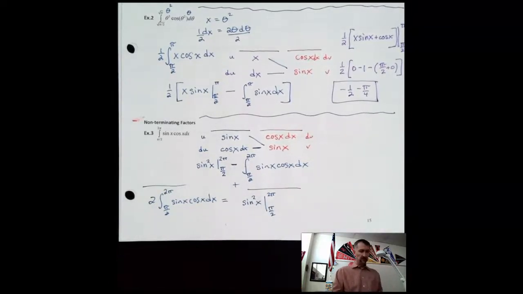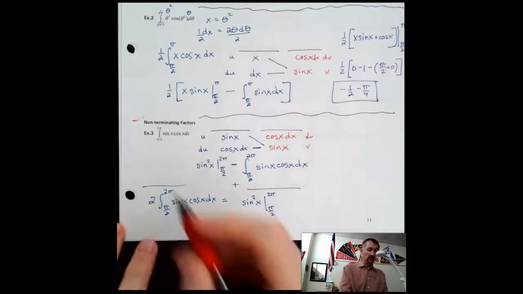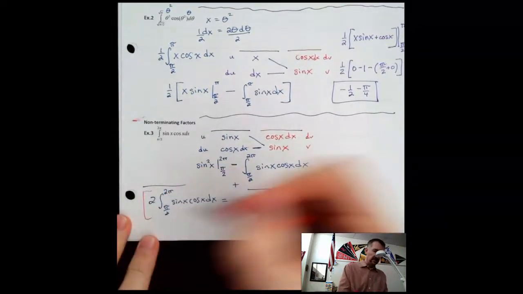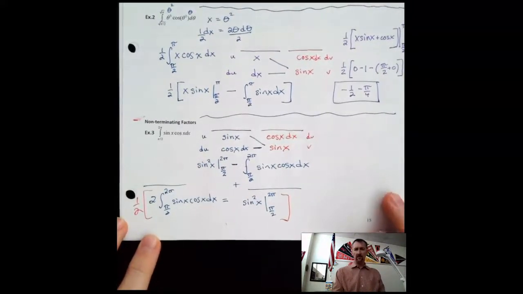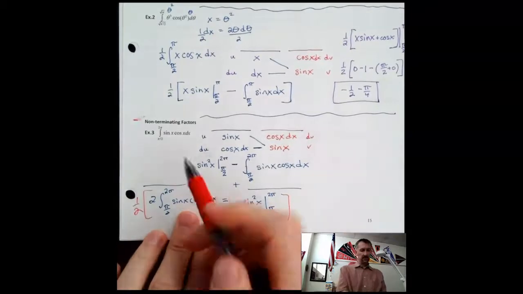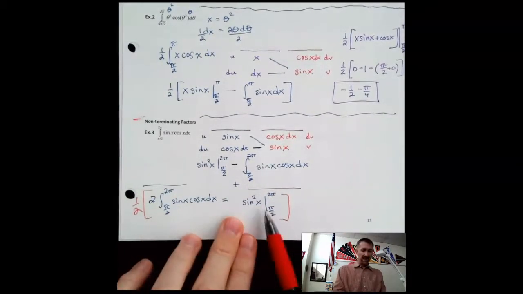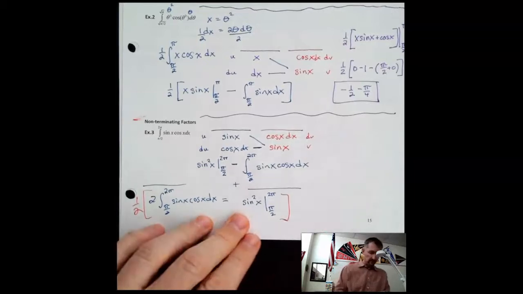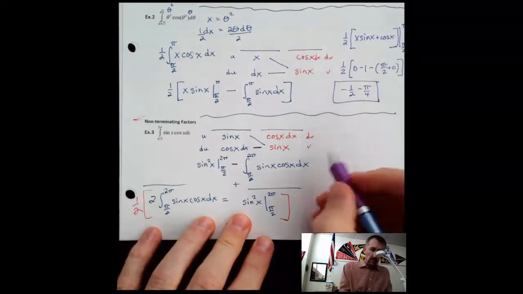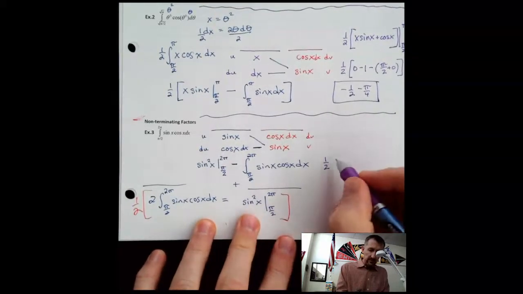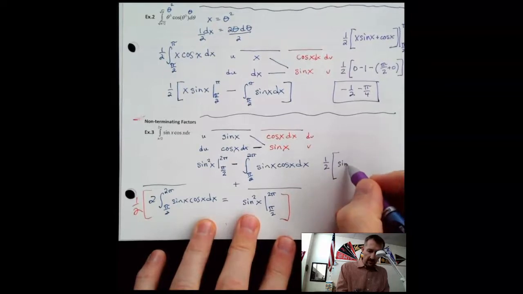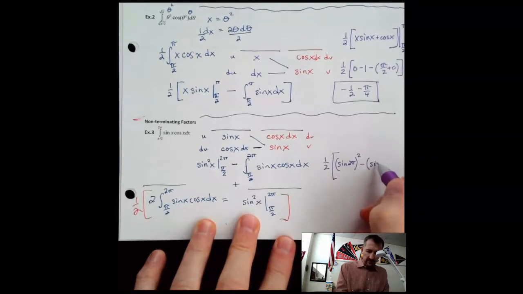Alright, so then we would take half of both sides, or half the whole thing. So that would give us that original integral, and that would give us half of this. So we've got half of, and now we can plug this in, so we're going to have the sine of 2 pi squared minus the sine of pi over 2 squared.